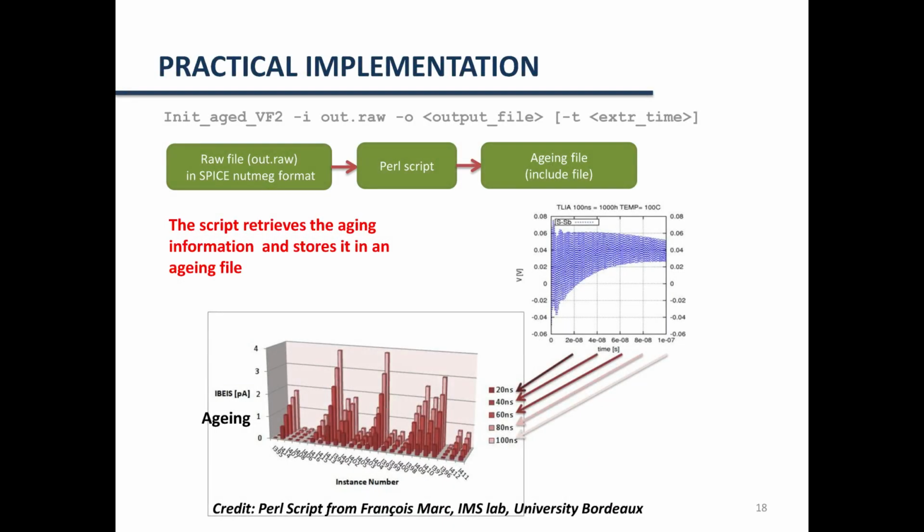Let's go to slide 18. For this we have a specific script which will post-process the information from the output raw file. This script will retrieve all the information that we need and store it automatically in a so-called aging file. We can do that for various time steps, at any time step of the transient simulation.